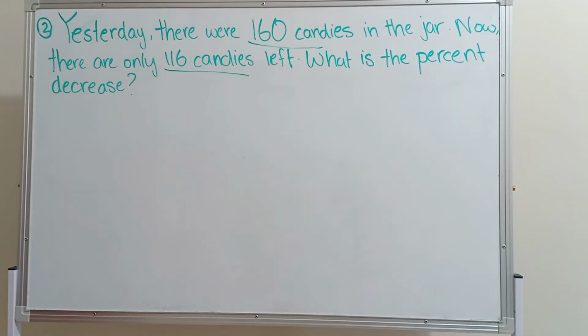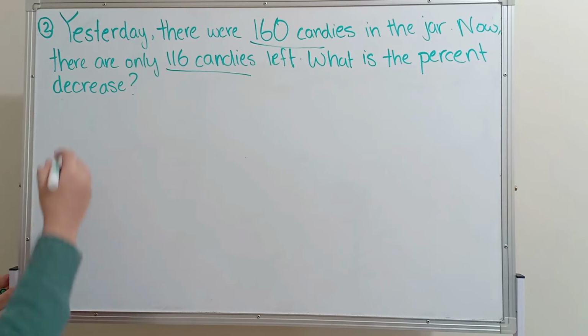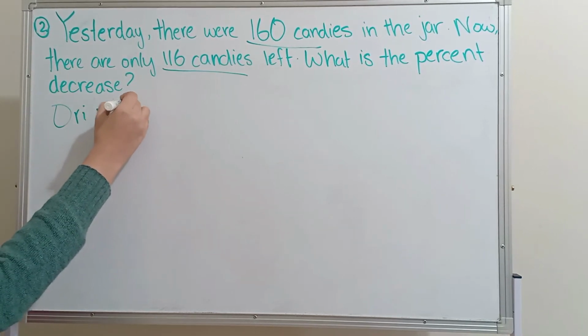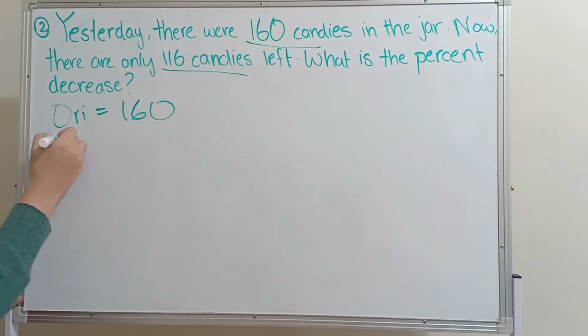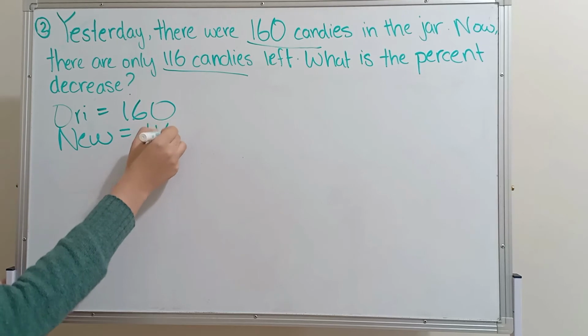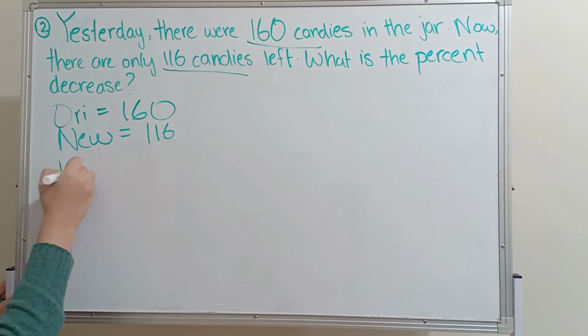So we have 160 candies as our original value. So I'm just going to write original here. Original equals 160. And the new amount that we have is 116. So let's plug them into our formula.